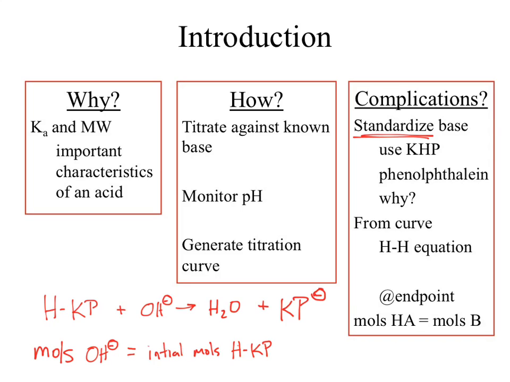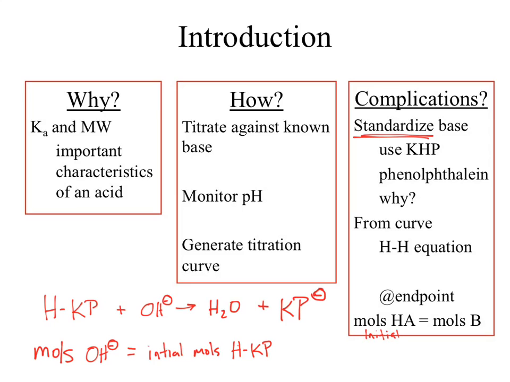Kind of nice. We can also figure out the molecular weight because at the end point of our reaction, we know that the moles of our HA initially equal the moles of base that we added. Okay, well, do we know the mass of acid that we started with?